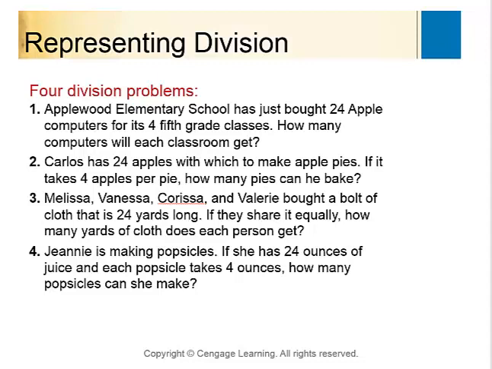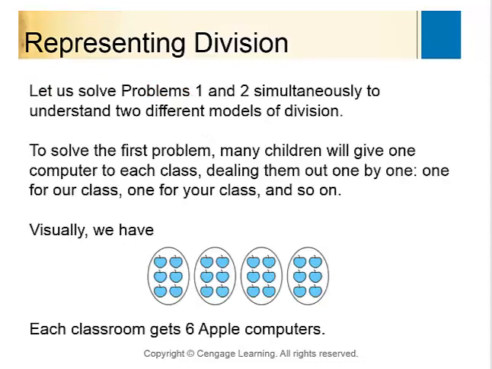Let's first look at problems 1 and 2, and we will note that we can divide our classrooms so that we see how many Apple computers. I was thinking this was a pie question. It's not. This is the Apple computers. So we're going to divide our classrooms and figure out how many Apple computers.